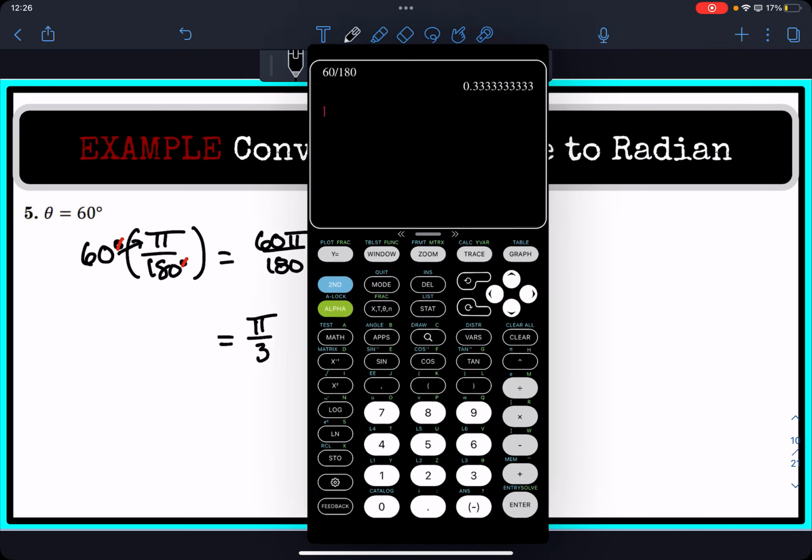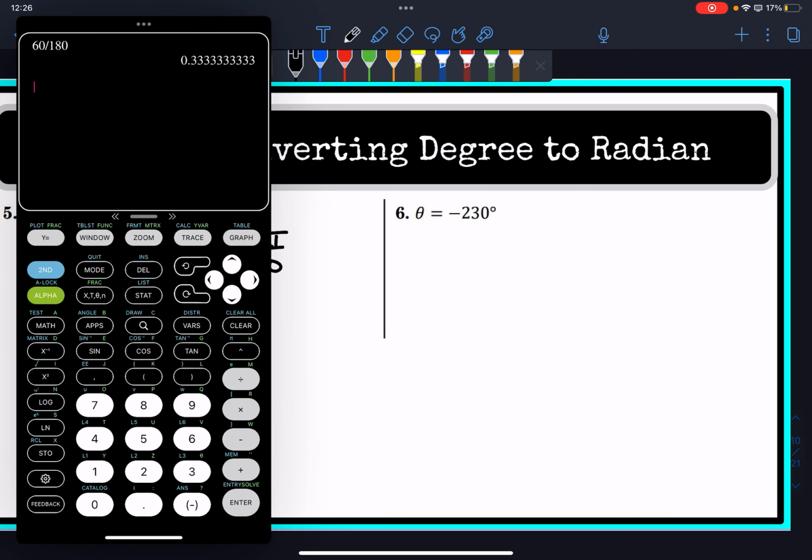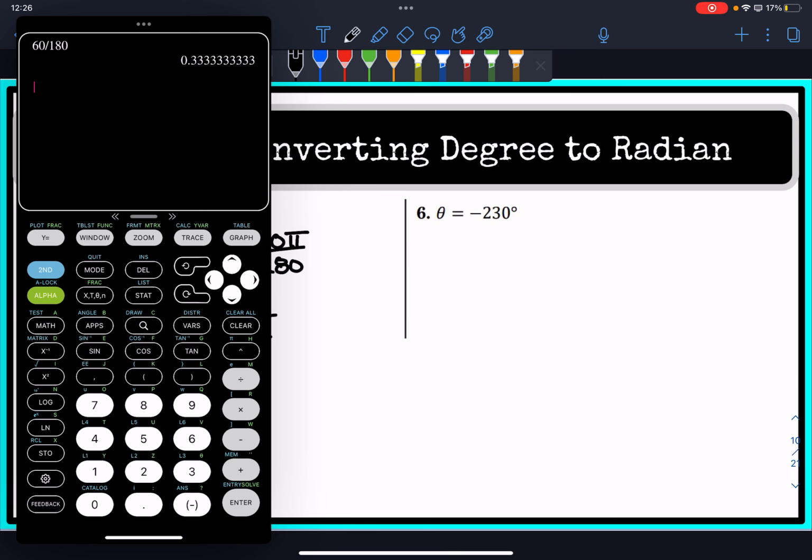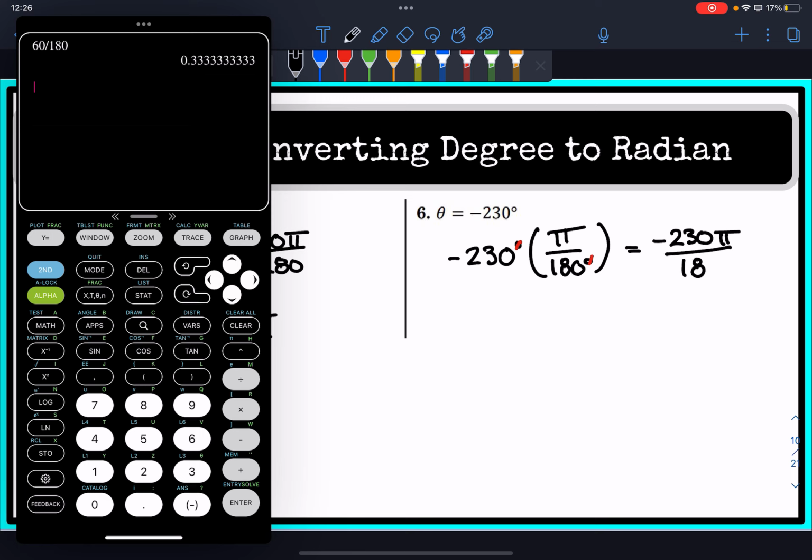Let's look at the second example, example number 6. To convert example number 6 to radians, we simply do the same thing. Negative 230 degrees multiplied with pi over 180 degrees. So the unit of degrees is going to reduce out, and our answer will end up being negative 230 pi over 180.